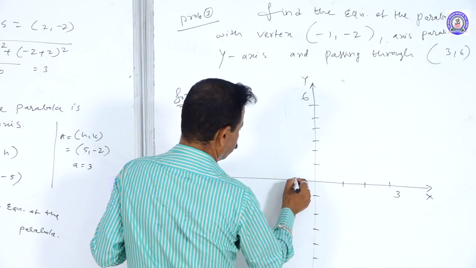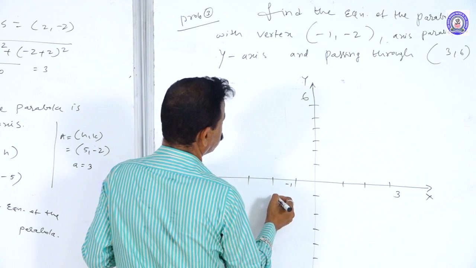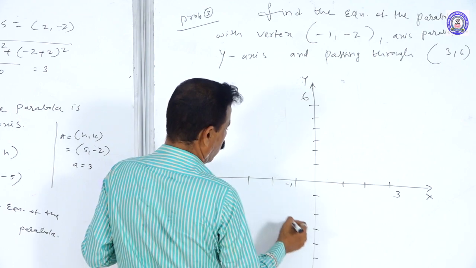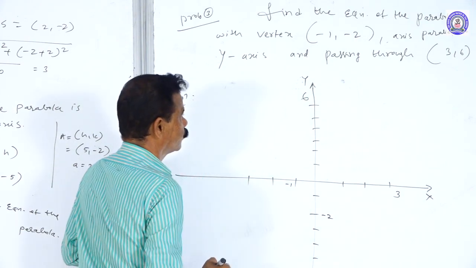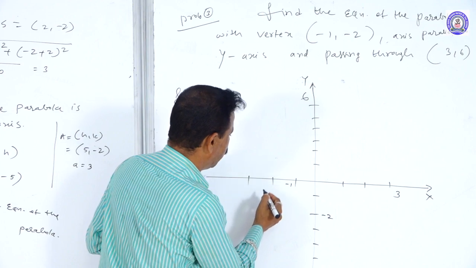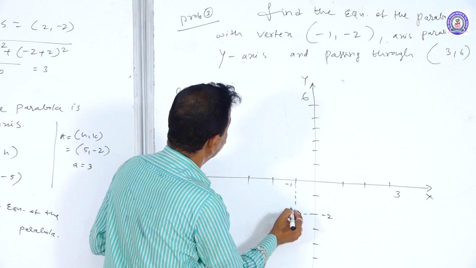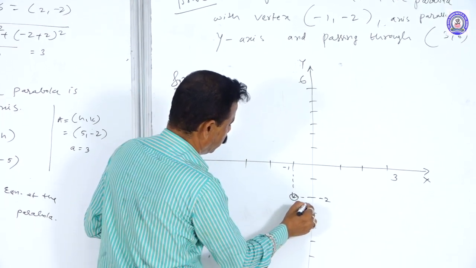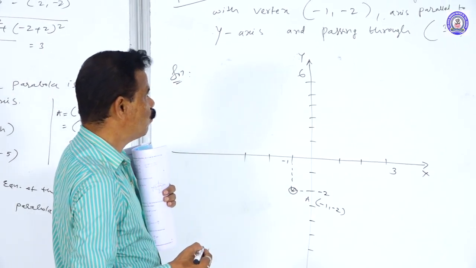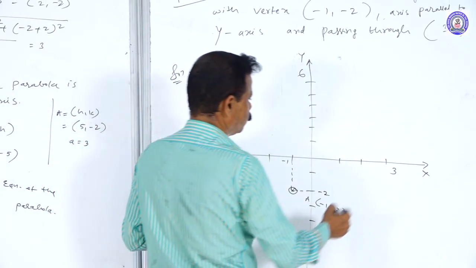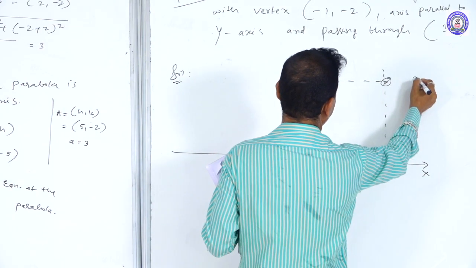This is -1 and this is -2. So (-1, -2): -1 here and -2 here. This is the vertex A, the point (-1, -2). And it passes through (3, 6); 3 is here on x. This is the point (3, 6).